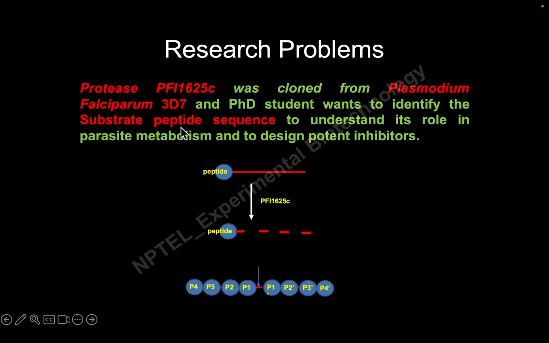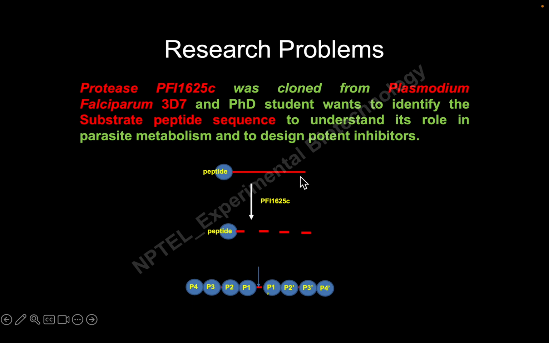So it's cloned from Plasmodium falciparum and the aim is to identify the substrate peptide sequence. You have to clone; if you don't have the clone of your protease, you have to do that, and then you will synthesize it, and simultaneously synthesize a peptide also.